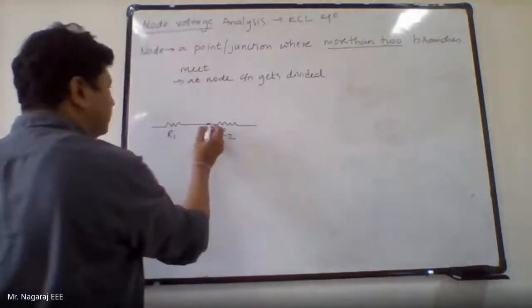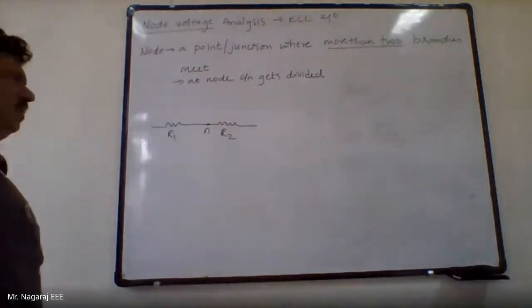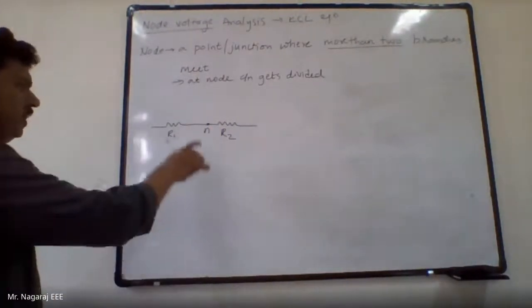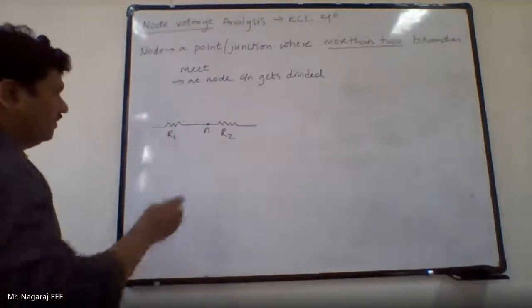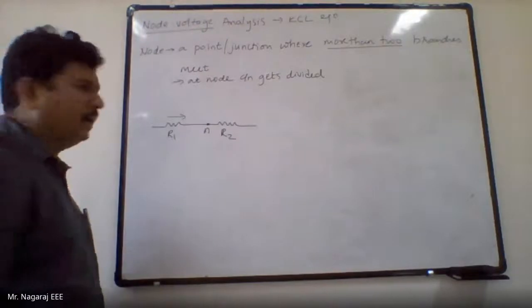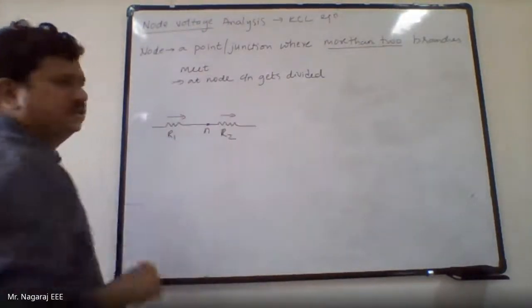So if you consider a point N where R1 and R2 are connected in the circuit, at point N current is not getting divided. Now if the current in R1 is from right to left or in clockwise direction, the current in R2 is also in clockwise direction.